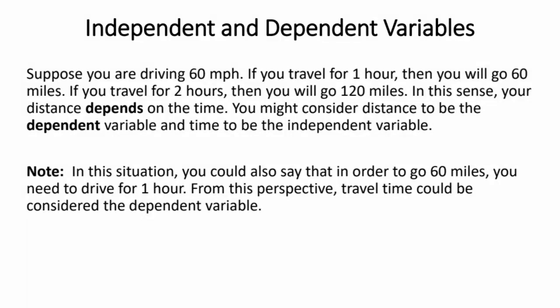In this sense, distance is the reaction to the choice we make about how long we are going to drive. You'll consider distance as the dependent variable. And time. Time is the choice.